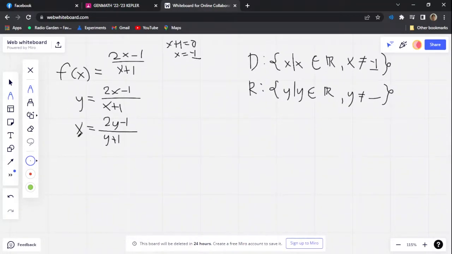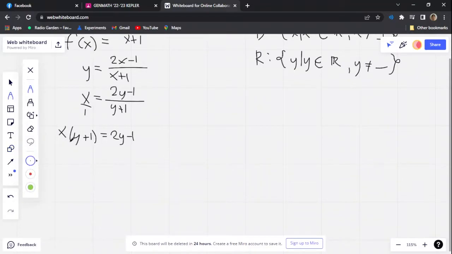Atong sunod buhaton is to cross multiply. So we would have x multiplied by y plus 1 is equals to, since over 1 na siya, 2y minus 1.